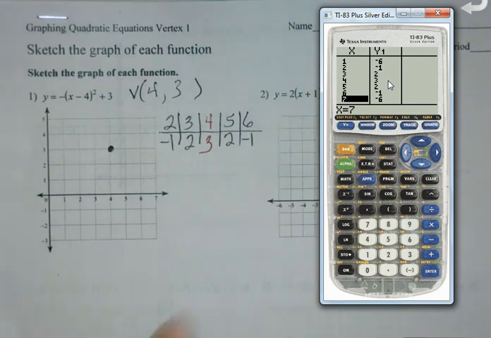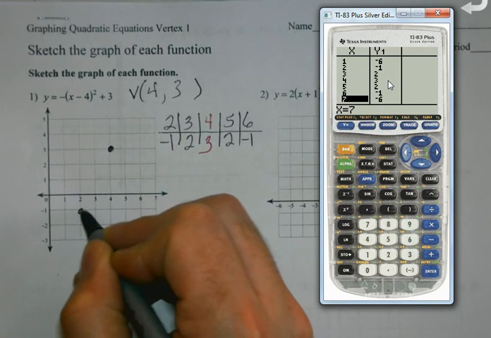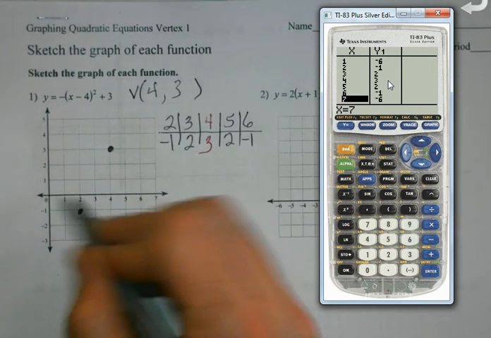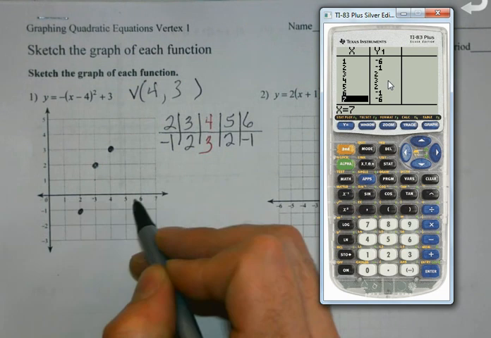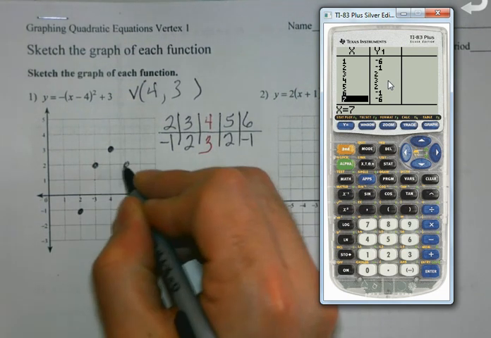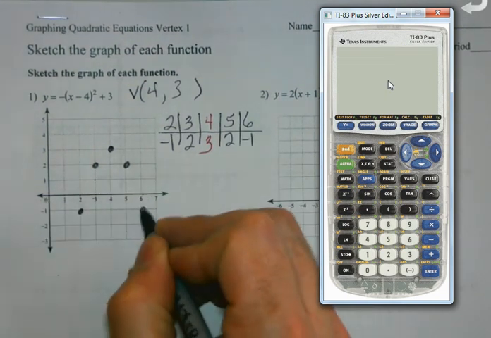Can't get much easier. Then I just plot the points. 2, -1, 3, 2, 5, 2, and 6, -1.